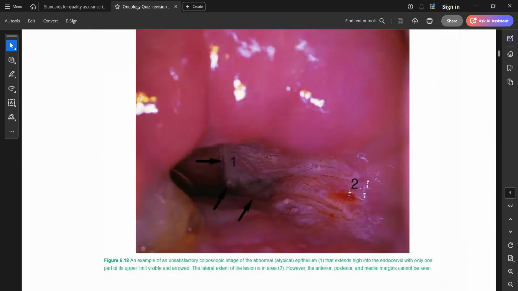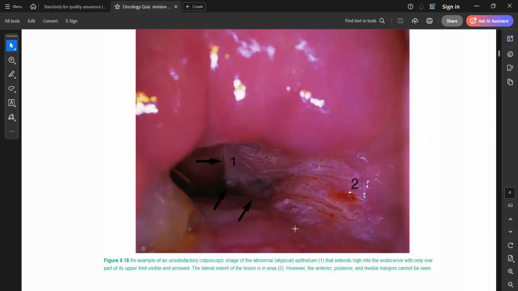As you can see here, this is an example of a typical epithelium. I can see things that are abnormal, but there is something really unique here, which is that I cannot see the extent of those changes. I cannot see their end. And this is something really bad. Why? Because I should see where the changes start and where they end.